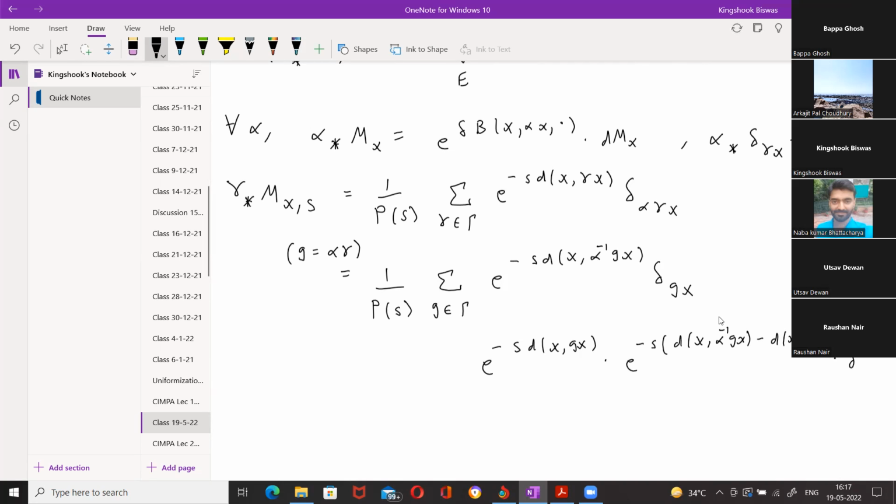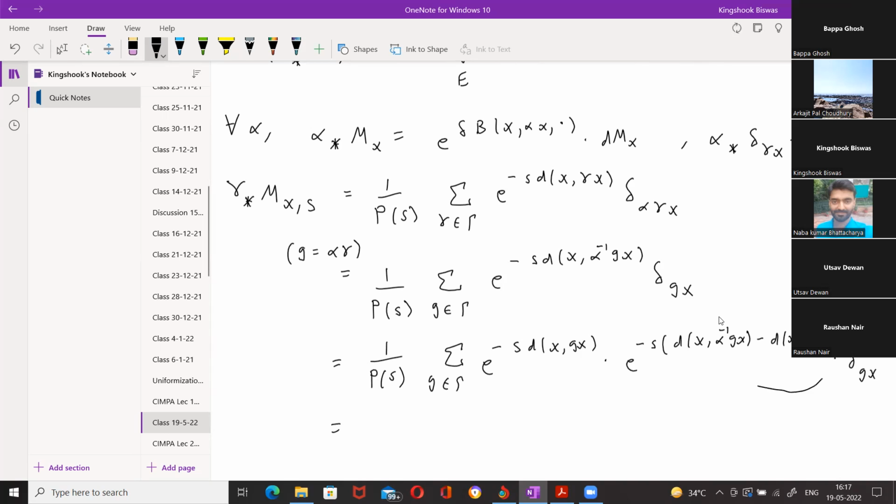And the whole thing into delta gx, summed over g in Gamma, 1 over P(s). So this is what I had earlier.